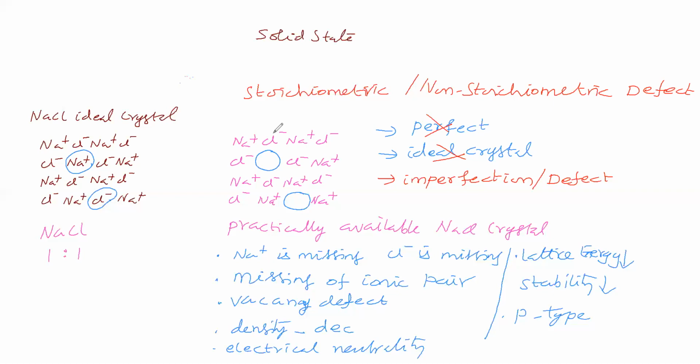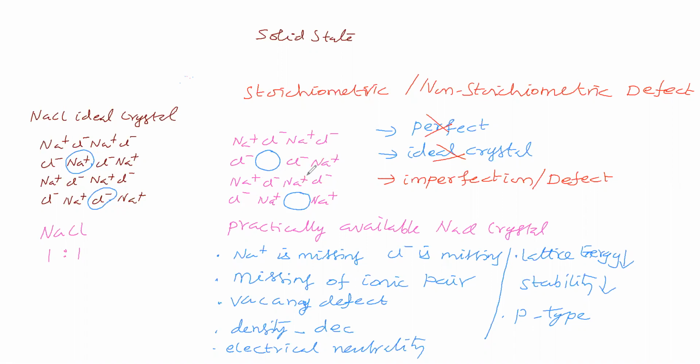For this Cl-, here Na+ is there at last, because it is not having Cl- here. So, though vacant sites are there, each Na+ is having 1 Cl-.